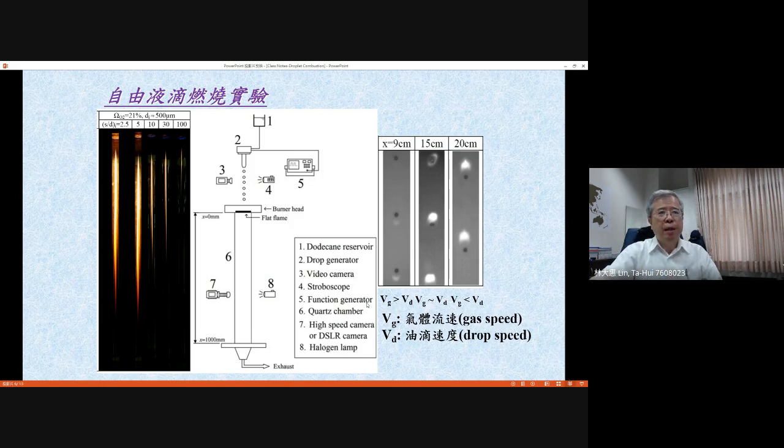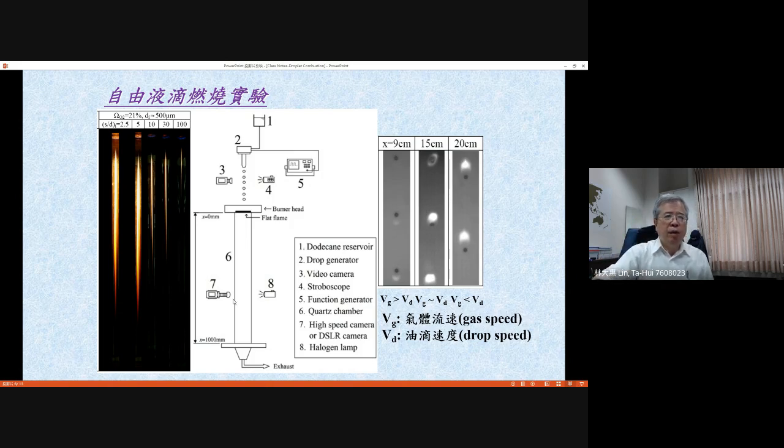But you will find out when you move your camera to the middle region of your combustion chamber, at x equal to 15 centimeter, since we have influence coming from the gravity, the droplet will be accelerated continuously.